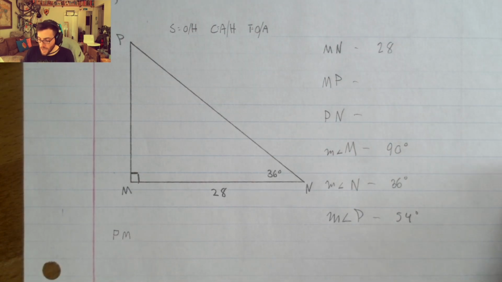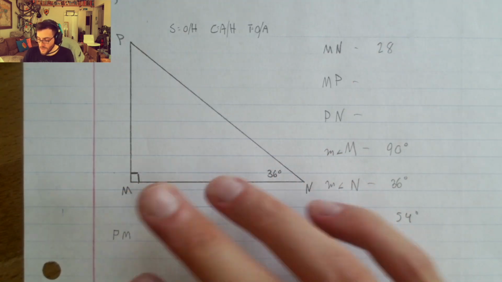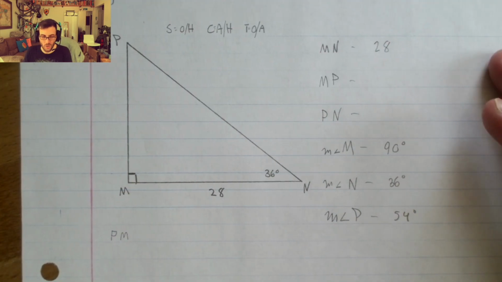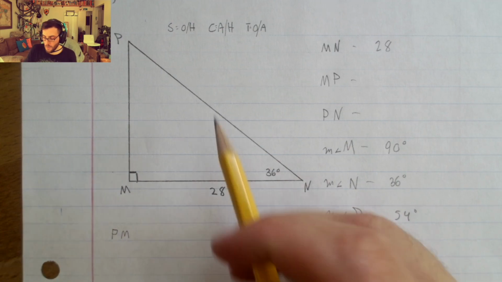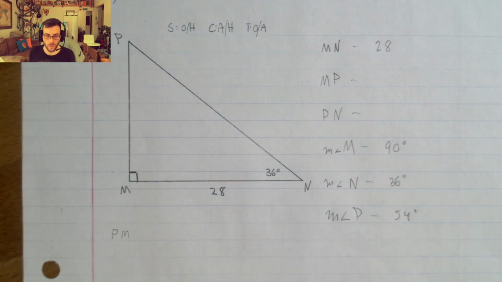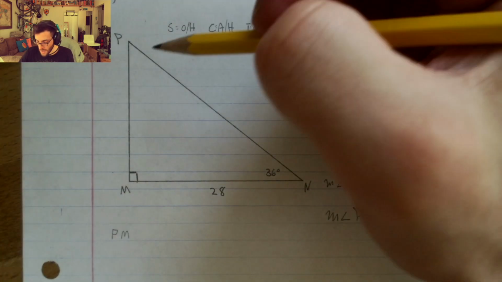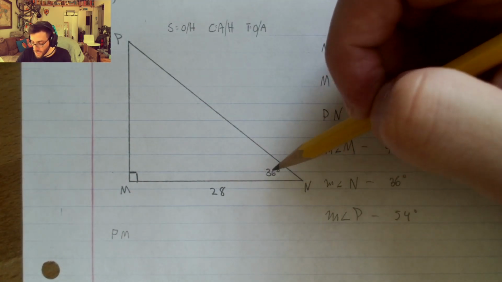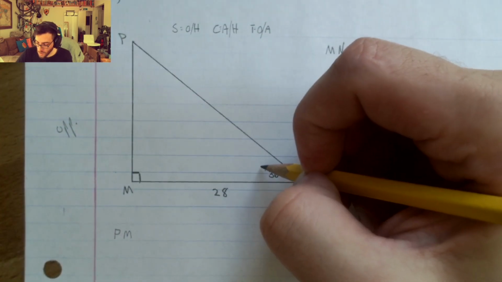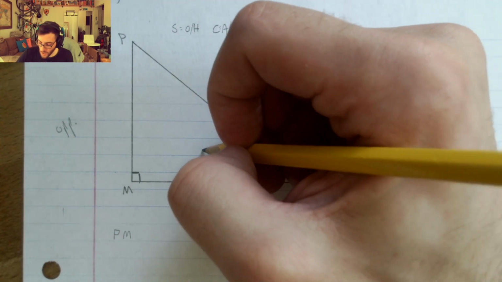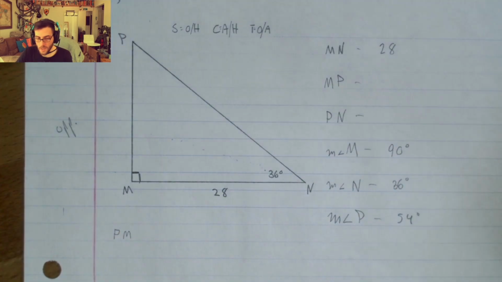If we want to identify one of our missing sides here, we have to do this notion of labeling the adjacent, hypotenuse, and opposite side when we set up our systems of SOHCAHTOA. Angle PM would be considered our opposite side, because if that's our theta or our reference point, it's all the way on the opposite side of the triangle.